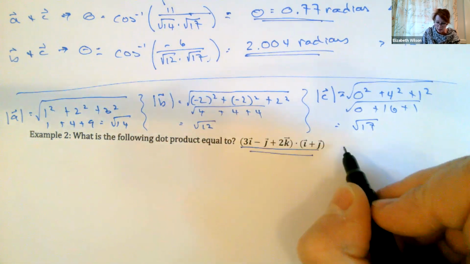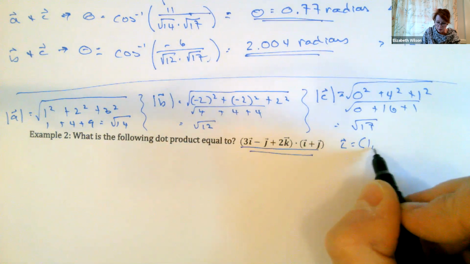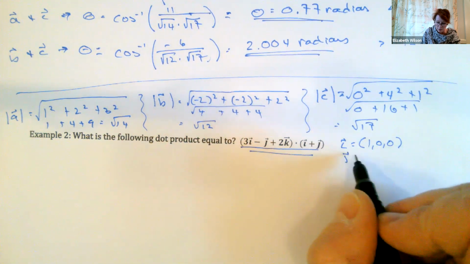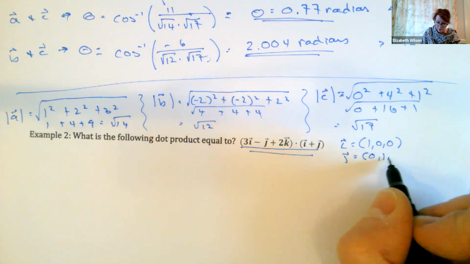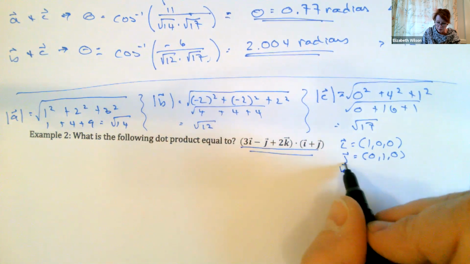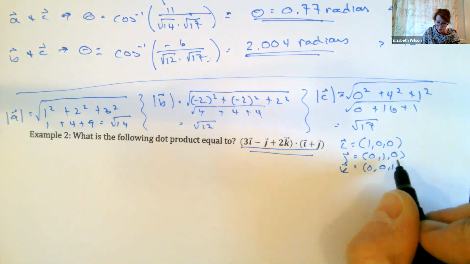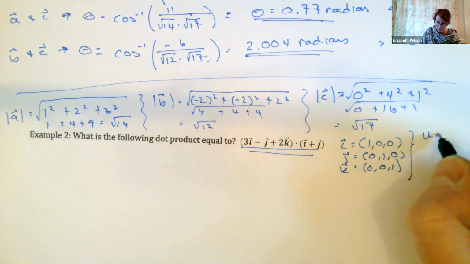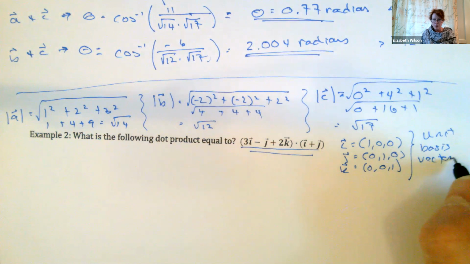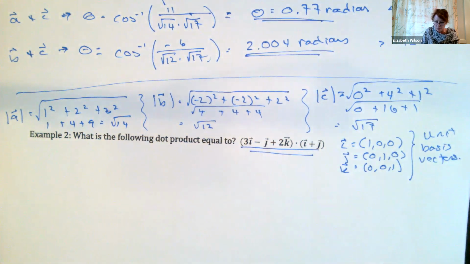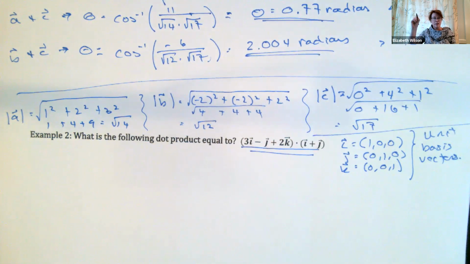So remember, i is equal to 1, 0, 0, j is equal to 0, 1, 0, and k is equal to 0, 0, 1. These are what we call our unit basis vectors, and they're used to help us represent essentially the x-axis, the y-axis, and the z-axis.